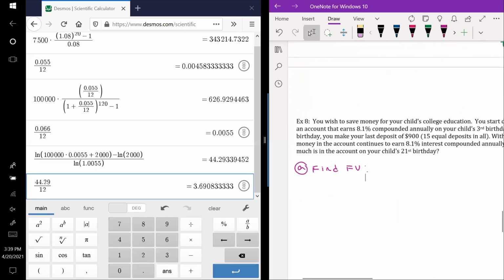And now let's go ahead and list the components. We are making payments of $900 each year. So we're making a payment of $900. And this payment is going into an account that earns 8.1% compounded annually.